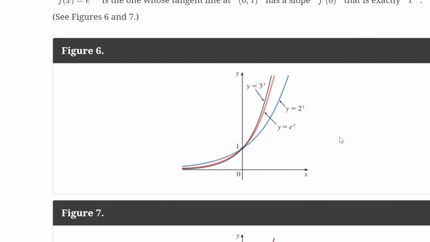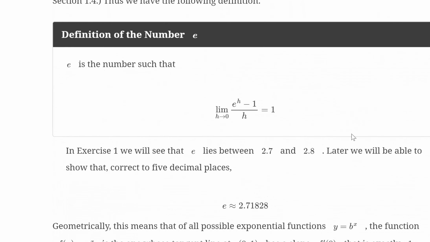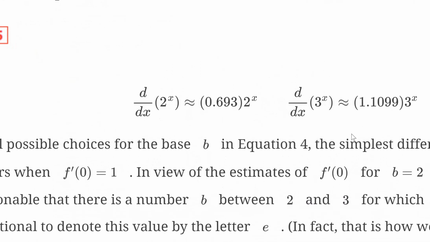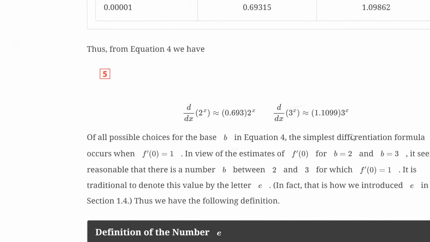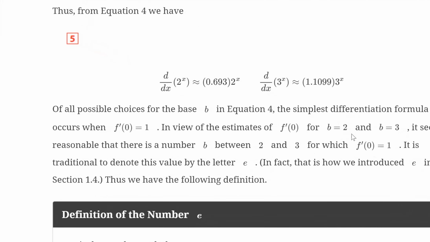Because that limit was 1, if that's e to the x instead of 2x times 1, you're basically going to be left with just the e to the x. Okay? It's one of those weird quirks of the thing.